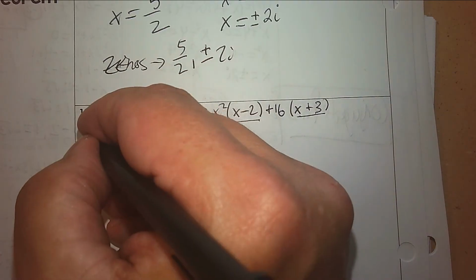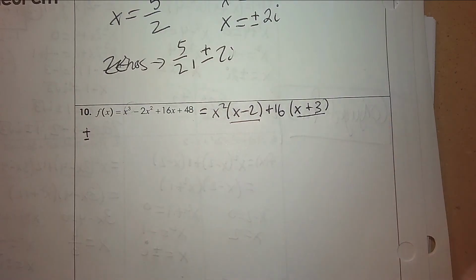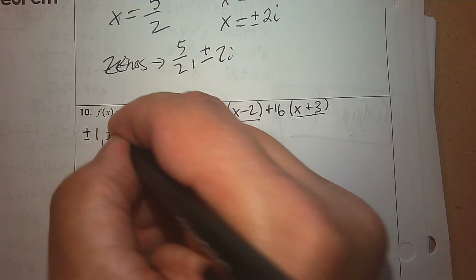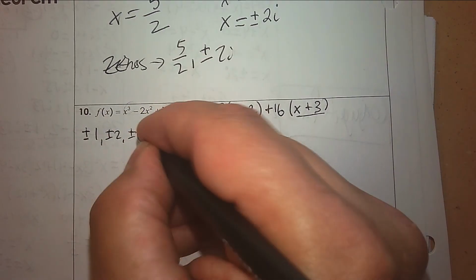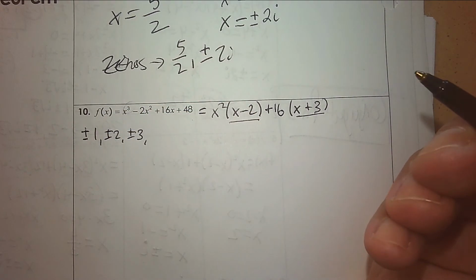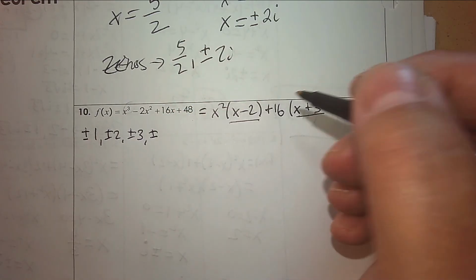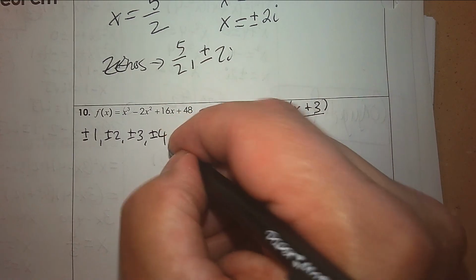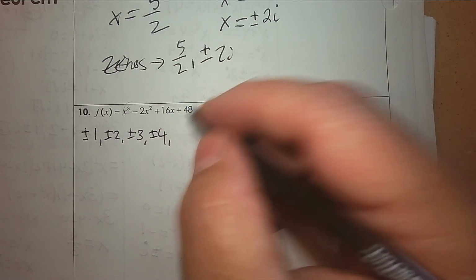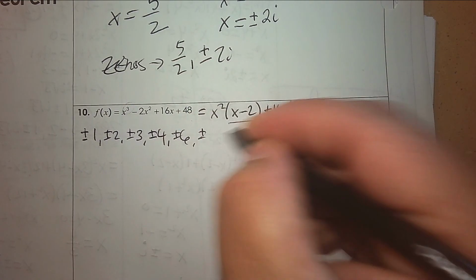So, Eduardo, tell me all the numbers that go into 48 evenly. 1, 2, 3. Keep going. Don't stop. 4. Don't stop. 6, correct? 8, yes?